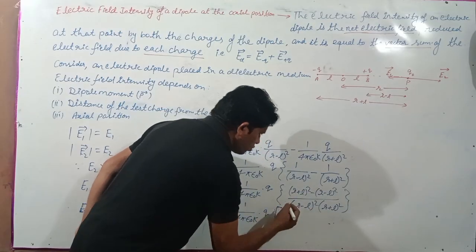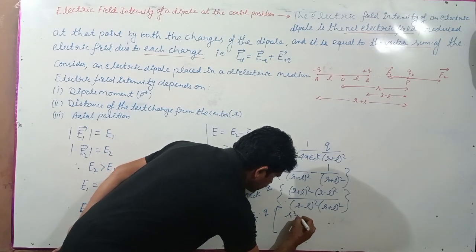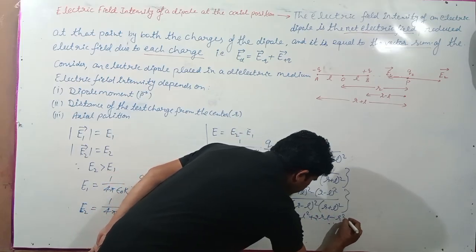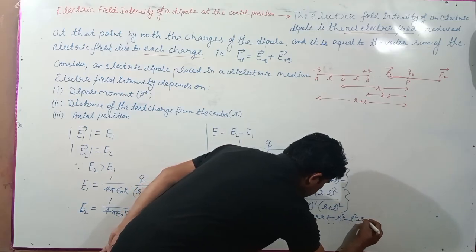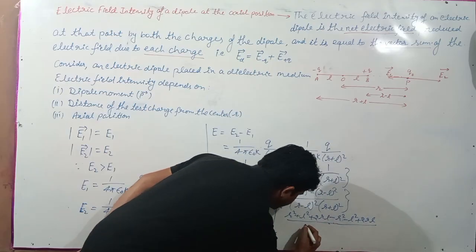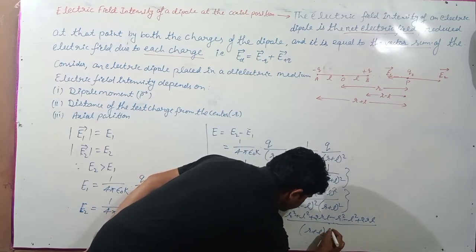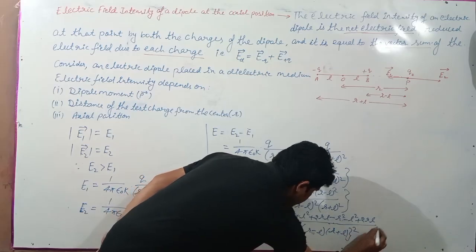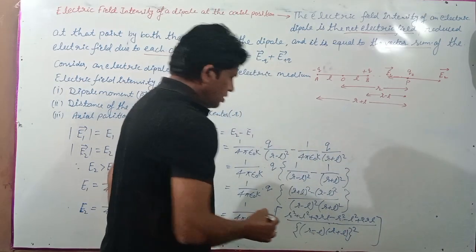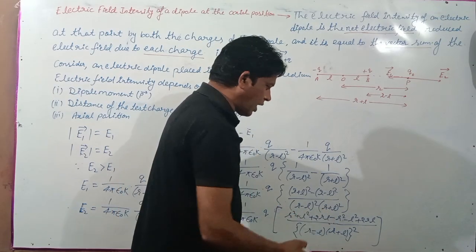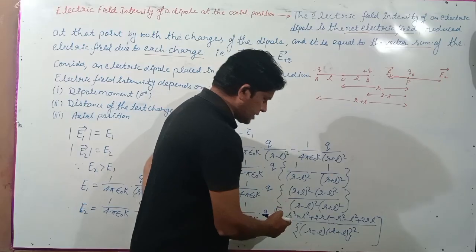So now open these two brackets: R square plus L square plus 2RL, and minus R square minus L square plus 2RL, and here we get (R plus L)(R minus L) in the denominator. So R square minus R square are equal and cancelled out.